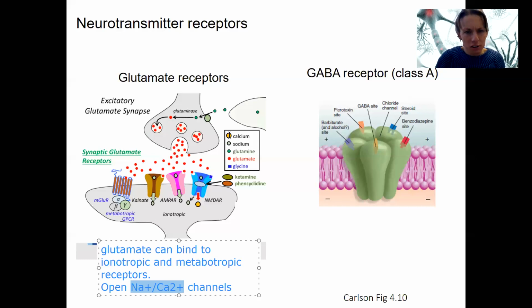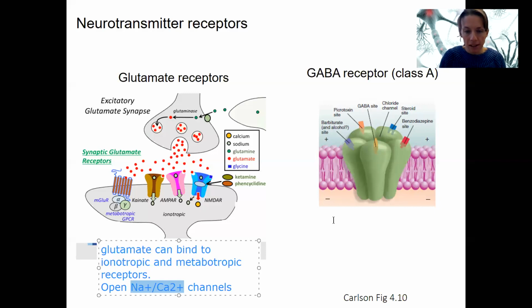The other thing you'll see here is all these different other molecules. What's going on here? For GABA, this is the GABA receptor, and there are other binding sites besides GABA. Here's the GABA binding site right here, and other molecules can also bind to the receptor. Barbiturates and alcohol are kind of sedatives. Benzodiazepines are like Valium. GABA is inhibitory, and GABA itself, when it binds to this receptor, is inhibitory, but it can also be modulated by these other sites that can be bound.